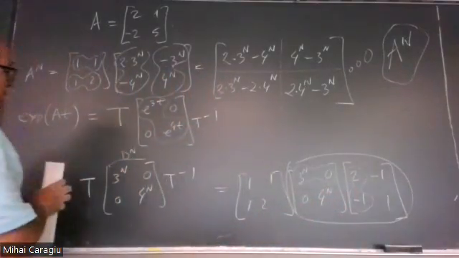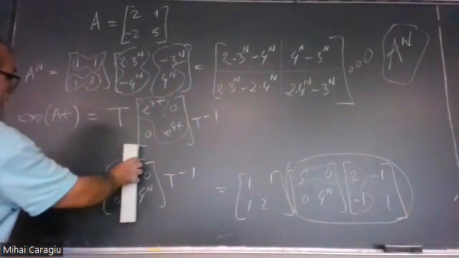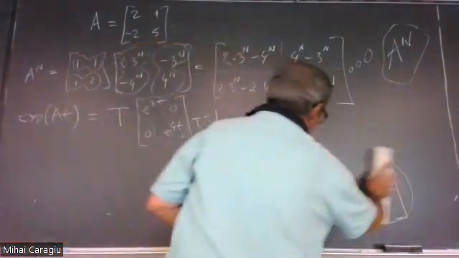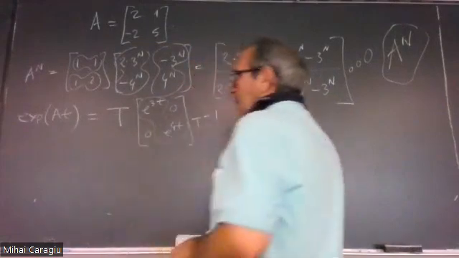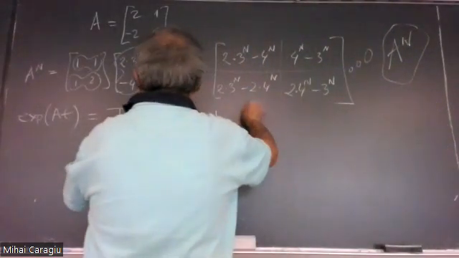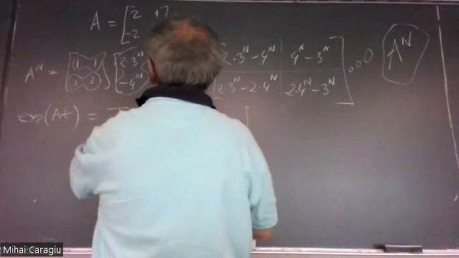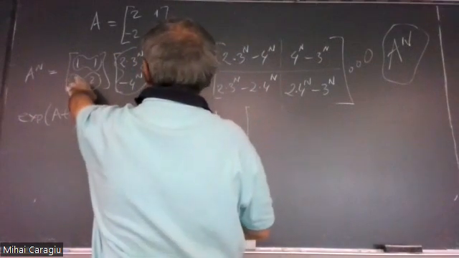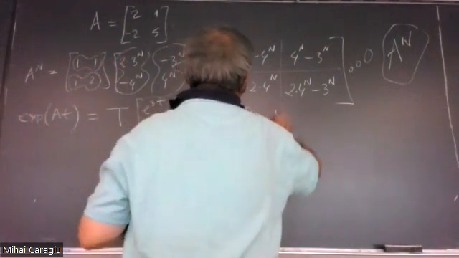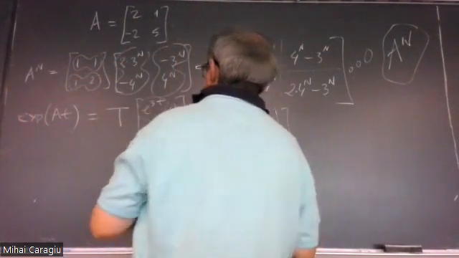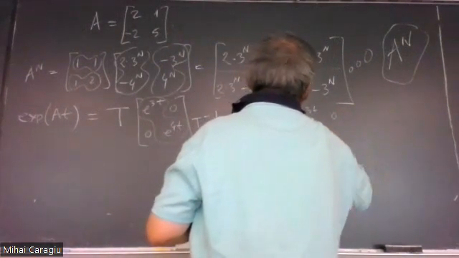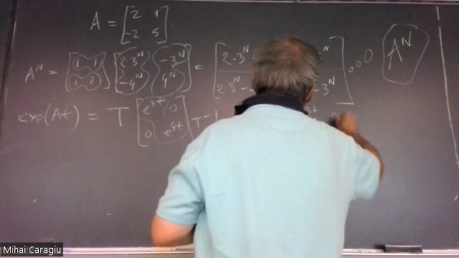Okay, so let's erase the unnecessary things now. So what will this be? It will be 1, 1, 1, 2. Then e to the power 3t, 0, 0, e to the power 4t.